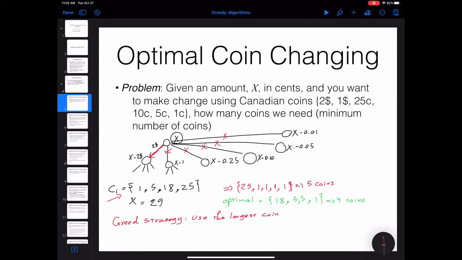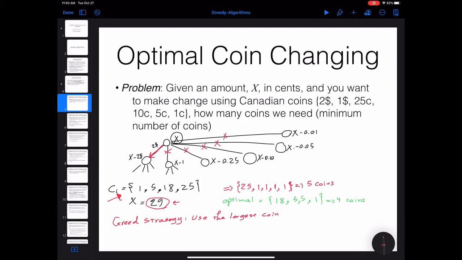For example, someone gave me this problem, and I wanted to prove that the greedy strategy doesn't work in this problem. Just finding this example is enough to show that the greedy strategy doesn't work.